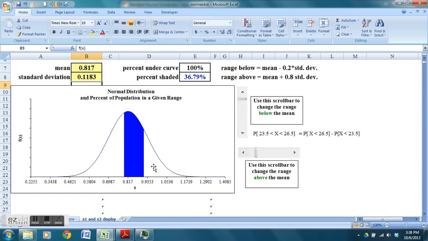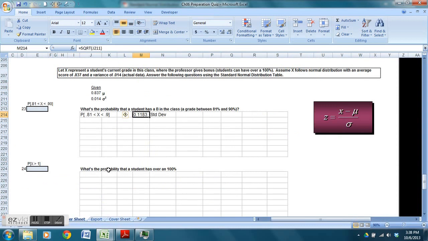And now the only way to figure out this problem, we can't do the two-tail approach because these two tails are different. And you also know that the two tails are different because if 0.837 is the mean, we'll call 0.81 x1 and 0.9 x2.